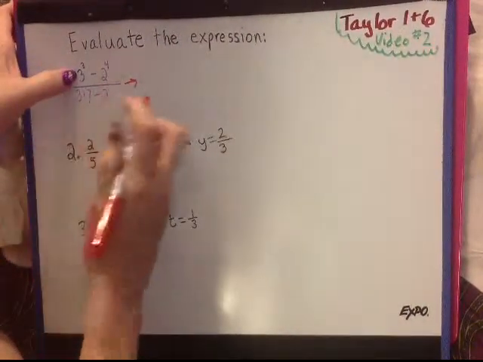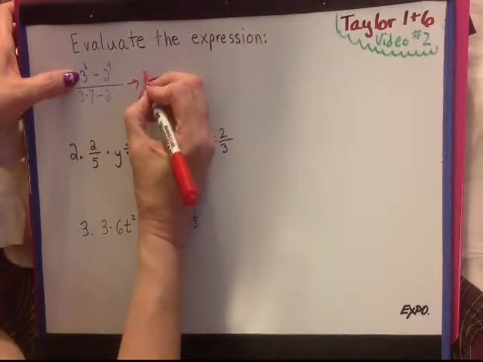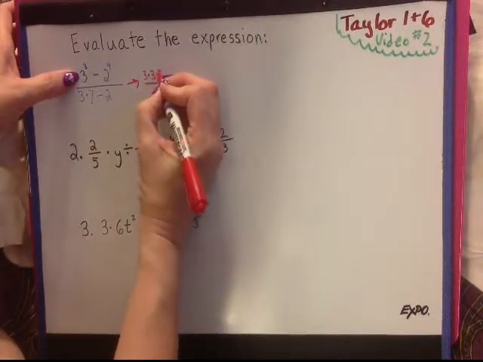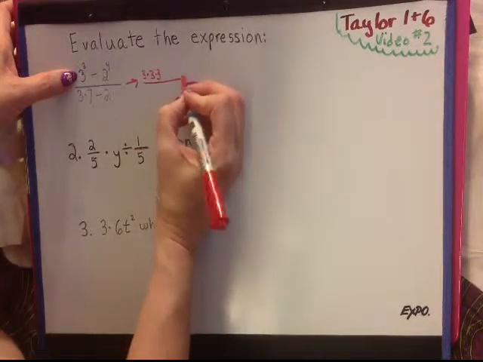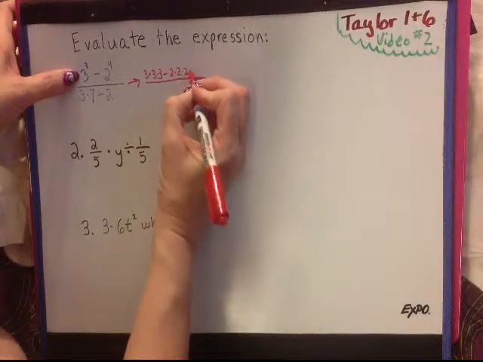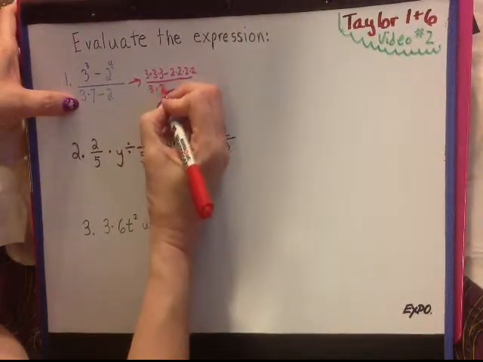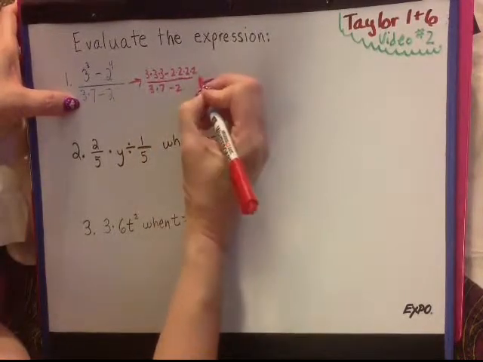So to begin with, we're going to calculate what 3 cubed is. Remember, that's 3 times 3 times 3, and we're going to be subtracting 2 times 2 times 2 times 2, and that's over 3 times 7 minus 2.